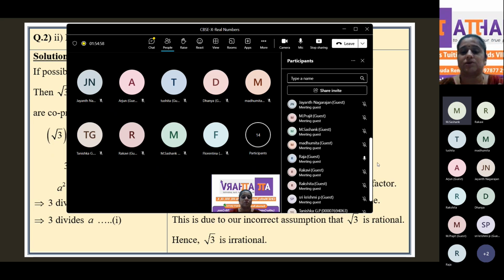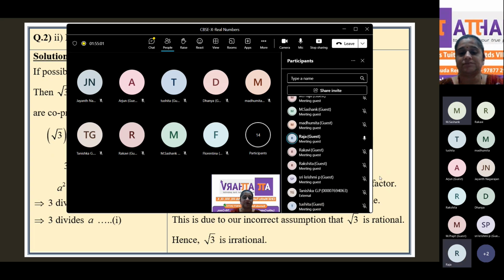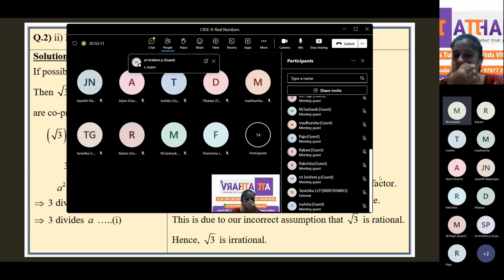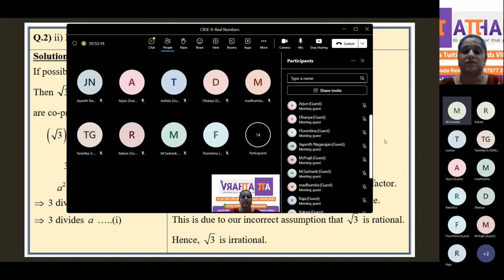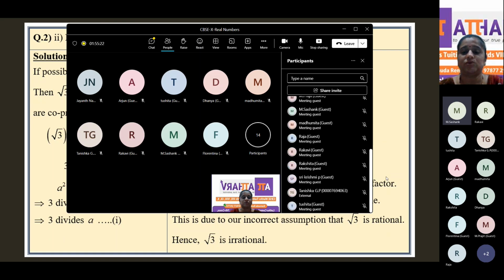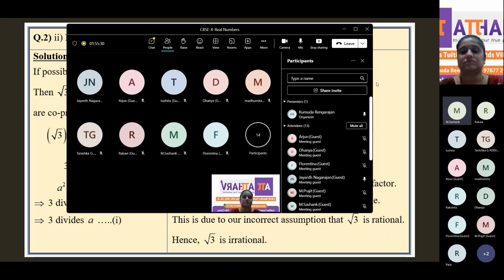Okay. Ma'am, can I send after the class? Yes, please do that. What about Krishmi? You'll send later? Fine. I'm not able to hear you, but I'm sure you heard me. Students who have not sent the pictures now, kindly send it after the class, for everything: root 2, root 3, root 5, root 7, and root 11.